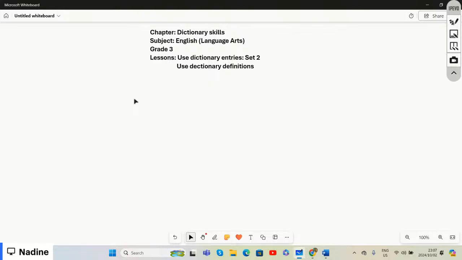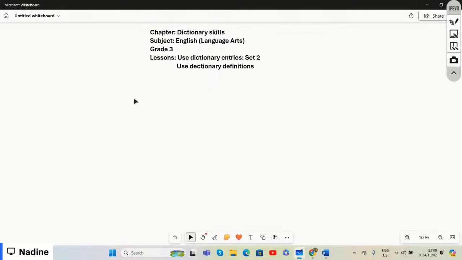Okay. So when it comes to dictionary skills, once again, and using dictionary entries, we showed yesterday an example of a dictionary entry.